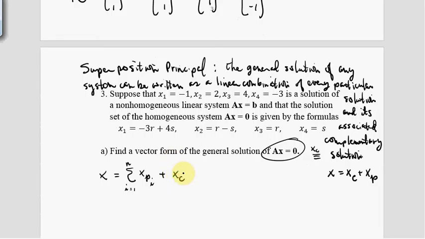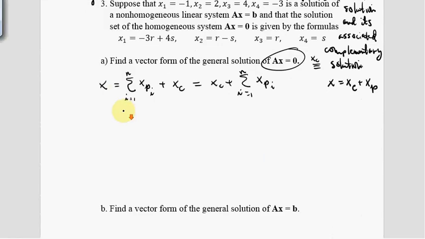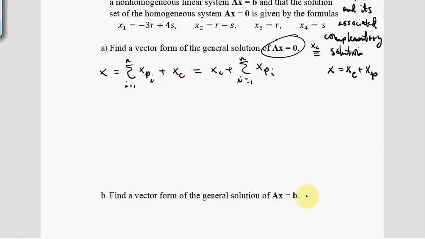Because there are many of these particular solutions, x sub c is not in the confines of the summation; x sub c has its own summation because it consists of a basis. So this is x sub c plus the summation as i goes from 1 to n of x sub p i. That's to really say it in detail. And I should have put it down here for the general solution. Here, this x is equal to x sub c plus this summation.